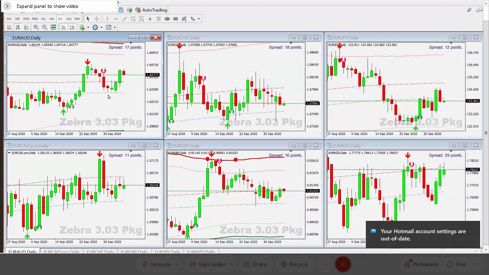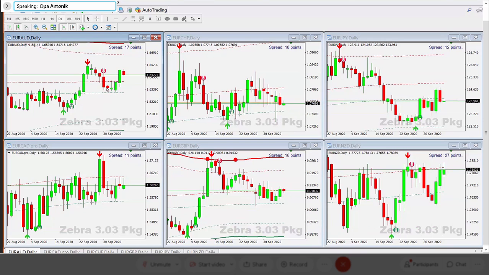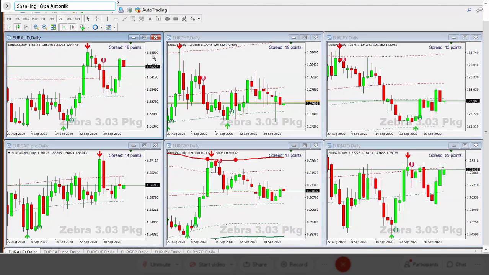Your ability to protect your account would have been there. So yes, this works even when you are waiting for your confirmations. You have two choices.